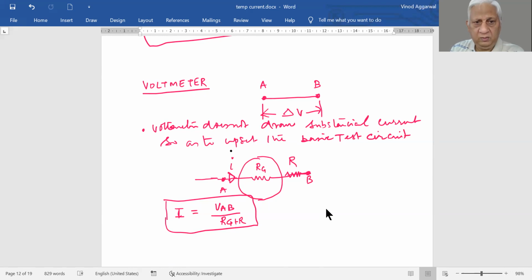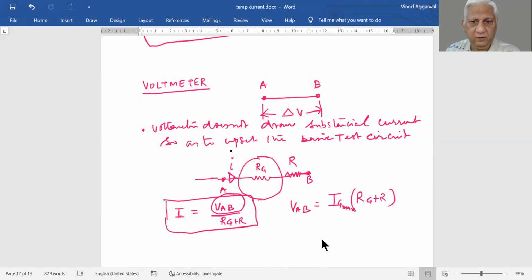And if you want to find out the maximum voltage we can measure across these 2 points, it is the maximum current flowing through the galvanometer multiplied by this resistance plus the external resistance.